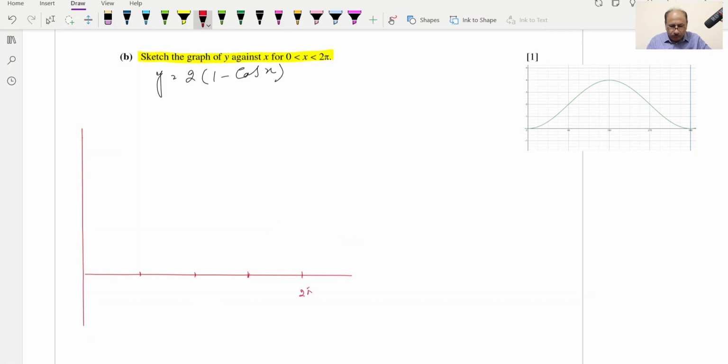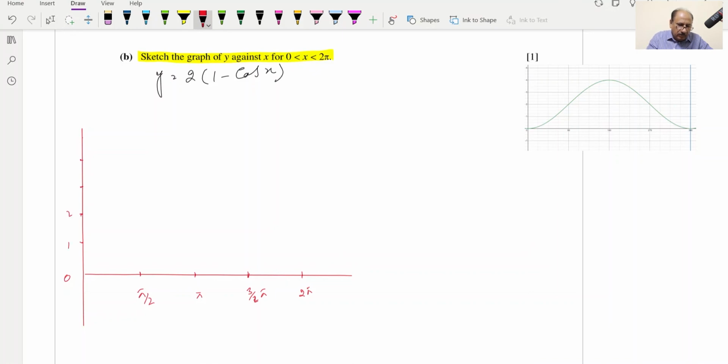So this will be 2 pi, this will be pi, this will be 3 by 2 pi, and this will be pi by 2. And then this will be 0, and this side we can take as 1, 2, 3, and 4. So a rough sketch we will be drawing for this one.